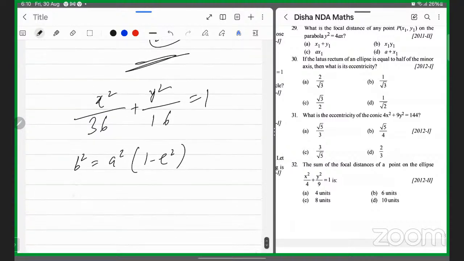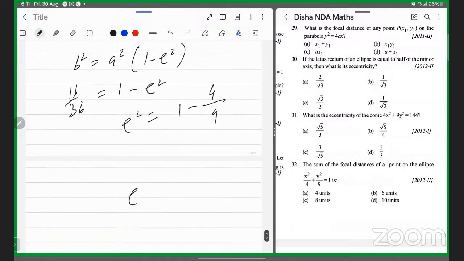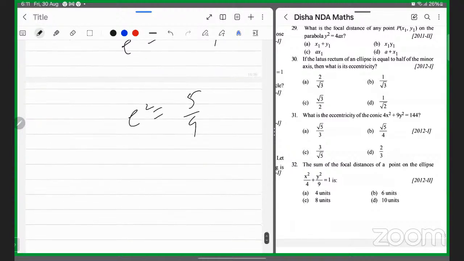So here b square is 16 upon 36, and 1 minus e square. So e square is 1 minus 4 by 9, which is 5 by 9. Ellipse eccentricity cannot be negative, so root 5 by 3. Understood everyone? Tell me. A is the correct answer.